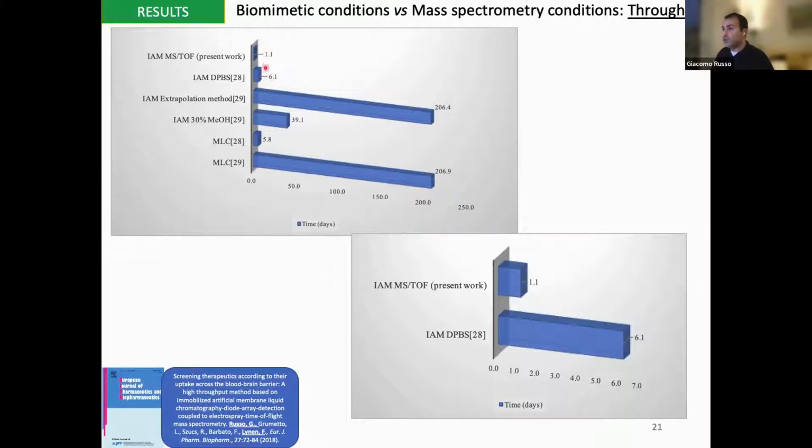These two were anyway much lower than the other times reported in the literature applying the same technique. If you are interested in the references, you are very welcome to go and check the relative publication. So in terms of time, it was a much faster approach for our purposes.